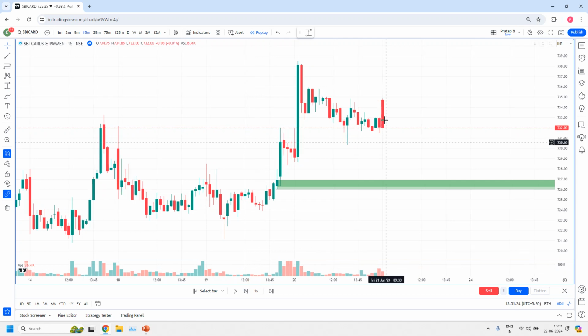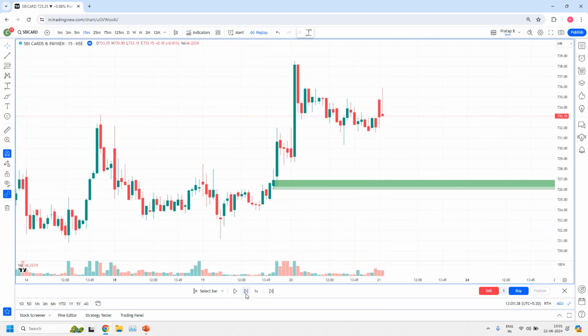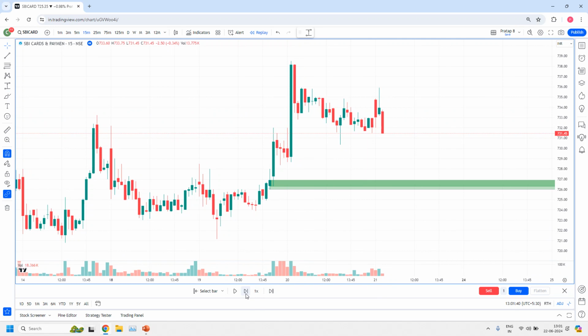Okay, the market has started. This is the first candle. Now let us observe the price action. Now you have seen a drop candle, a base candle, and a drop candle. Now what happened? A new 15-minute supply is created.